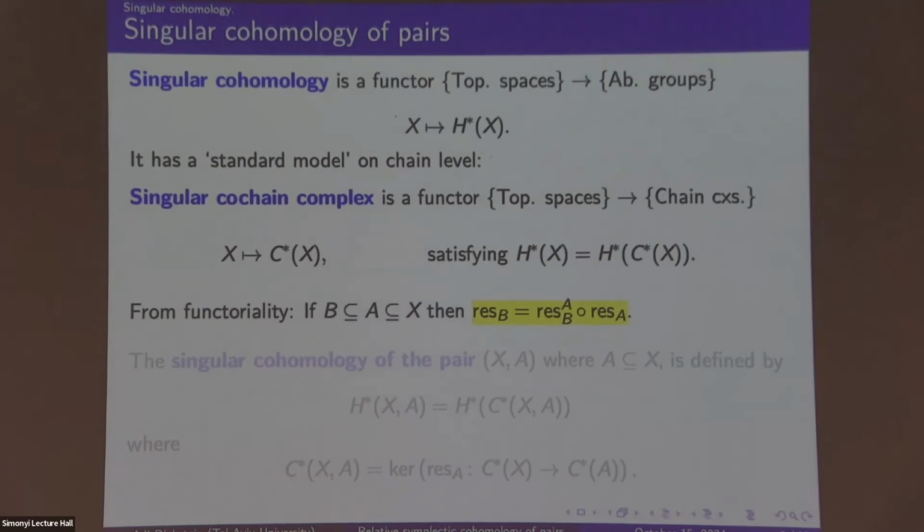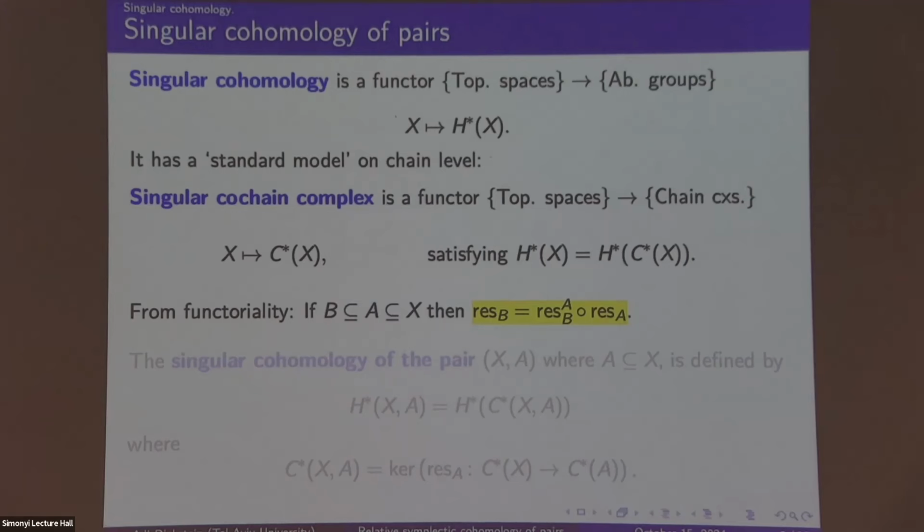From functoriality, we know that if we have a subset A of X and a subset B of A, then the restriction map from X to B equals the restriction map from X to A and then to B.